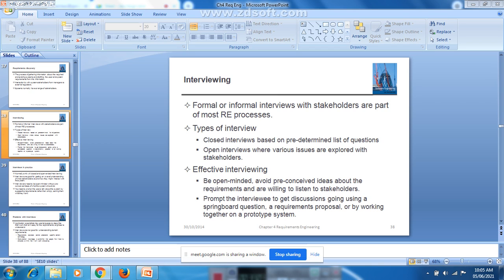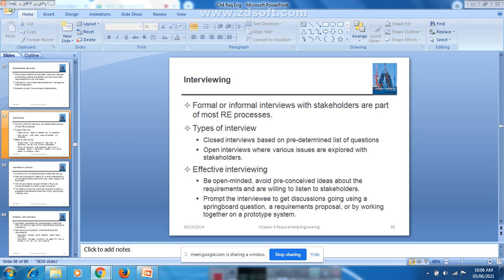The interview can be done using two different concepts, formal or informal. Formal or informal interviews with the stakeholders are part of most RE processes, that is, requirement engineering processes. The interview can be done in the formal or the informal way with all the stakeholders who are part of your requirement engineering process.